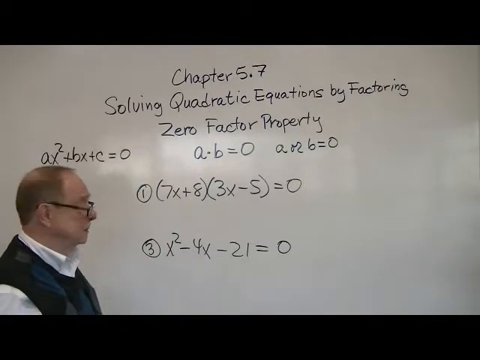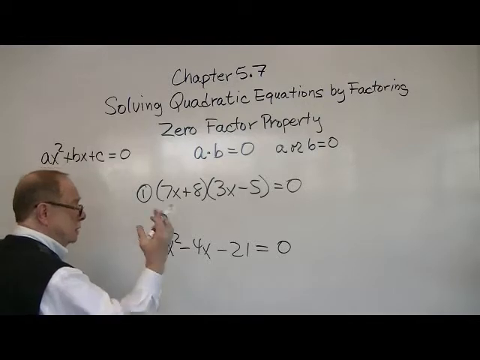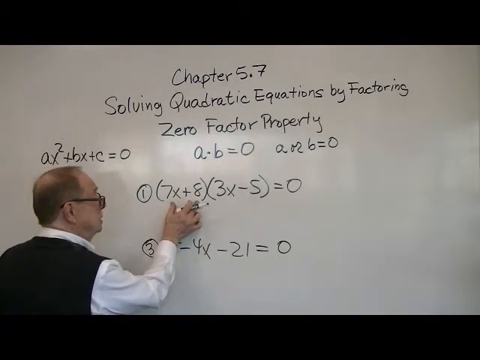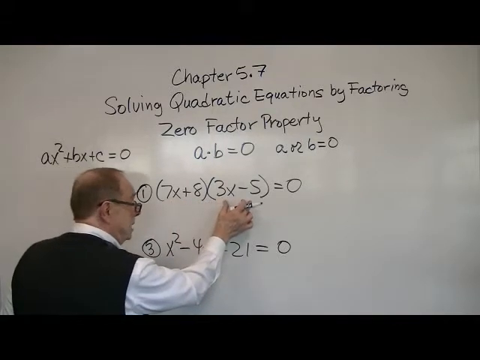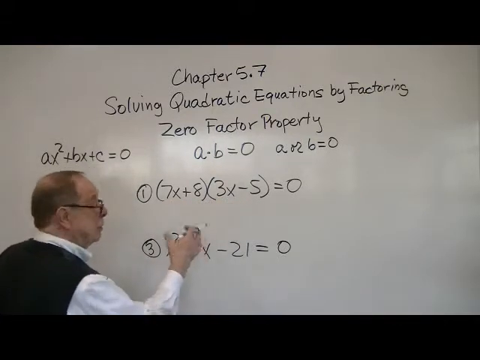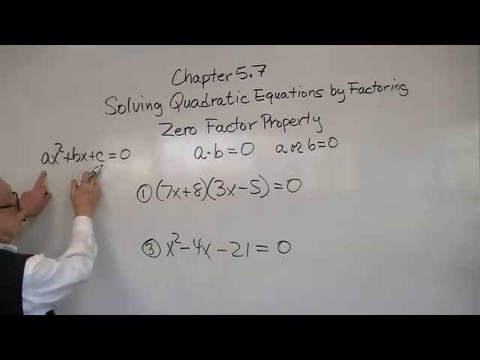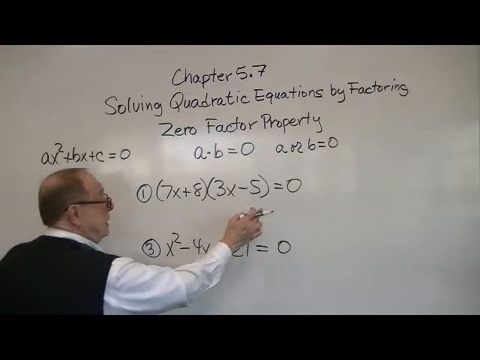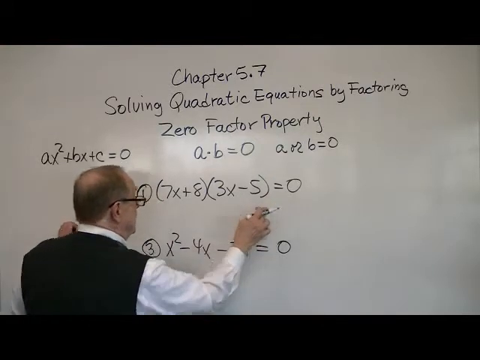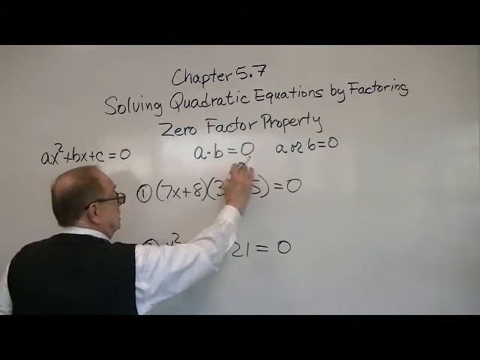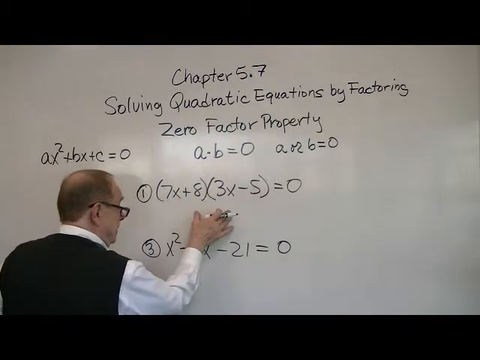Now, how does it work? Well, you recall what we've been doing in factoring is ending up with a binomial times a binomial that earlier we would FOIL to get a trinomial, and we're saying that that equals 0. But now these are factors of that trinomial that it may have come from.